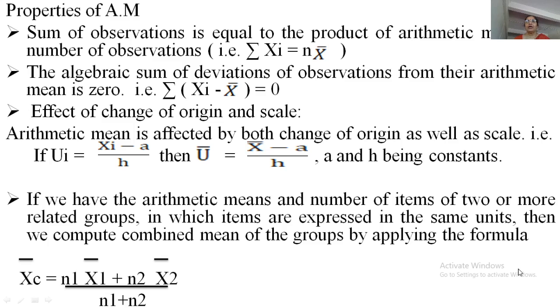Suppose I have the arithmetic mean of observations, say marks in 12th standard, where x1 bar is the arithmetic mean of the marks of 45 boys, and x2 bar is the arithmetic mean of girl students, and n2 is the number of girl students in a class, n1 is the number of male students in a class. If I combine these two groups together, in all we now have 95 observations.